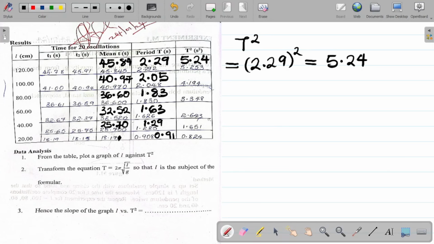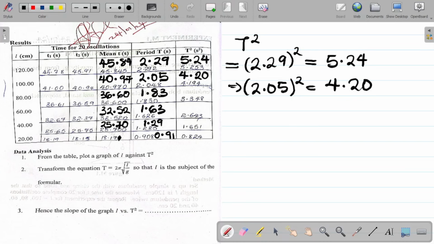Okay, so next up, I have this one here, that's 2.05. 2.05 all squared is about 4.20. So here should rather be 4.20.